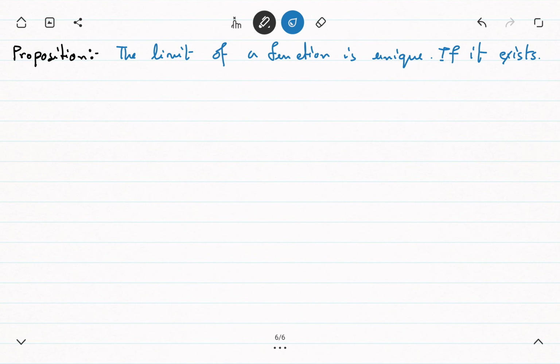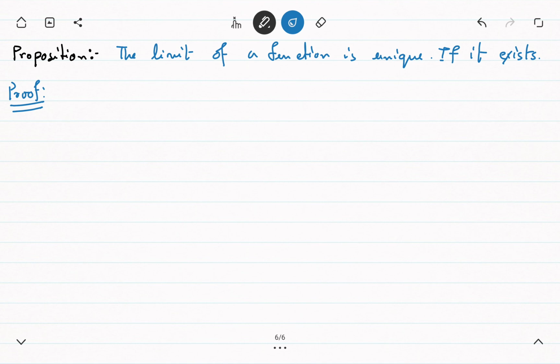We'll prove this. So we always need to prove such things, so I will write the proof.